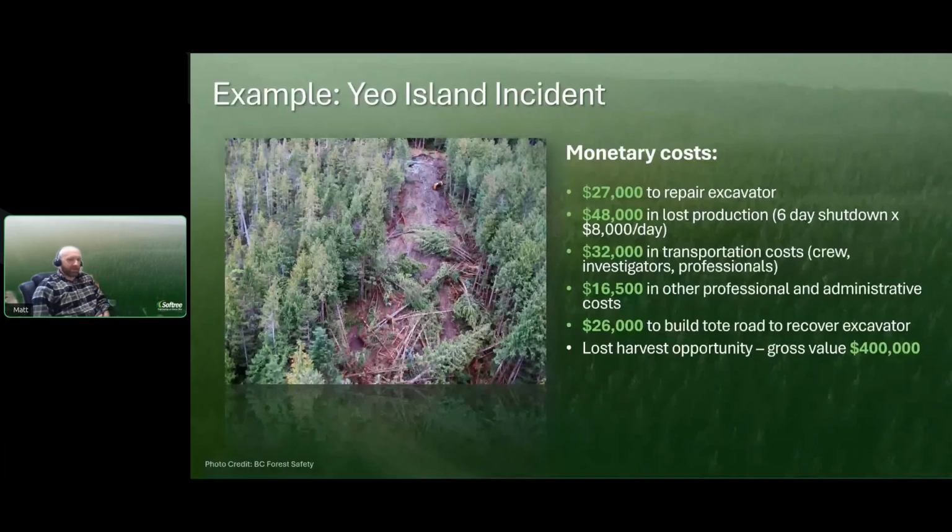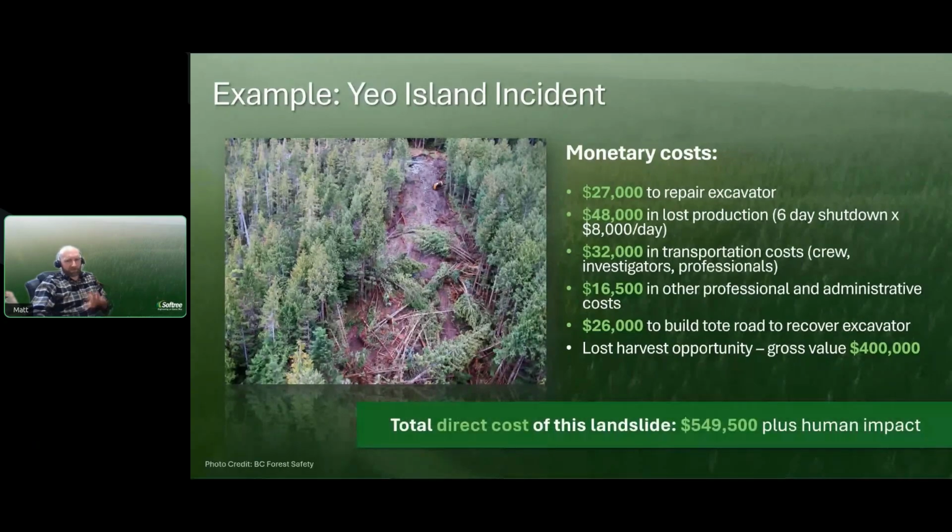And then there's a bunch of other costs associated with it. So the cost to repair the excavator, lost revenue from the harvest opportunity from not being able to access the block, et cetera, et cetera. So it ends up being a fairly significant number, especially if we consider that those aren't today's values. I think they're 2014 values that we have here for dollars and cents.